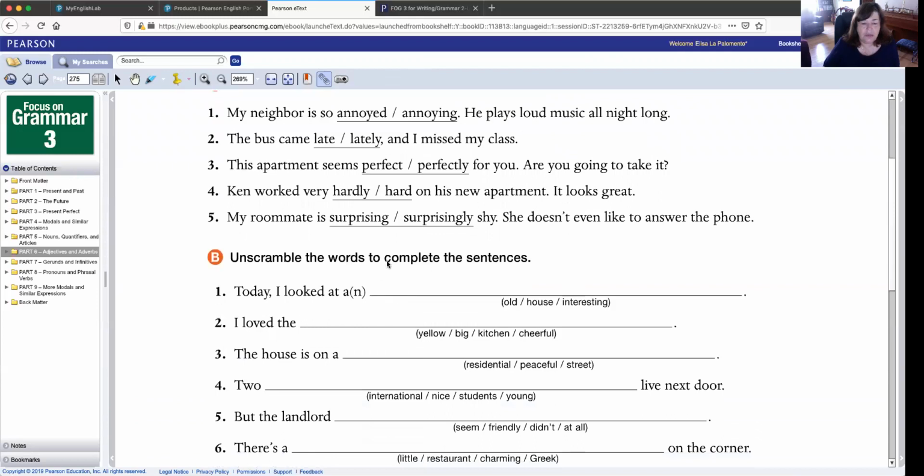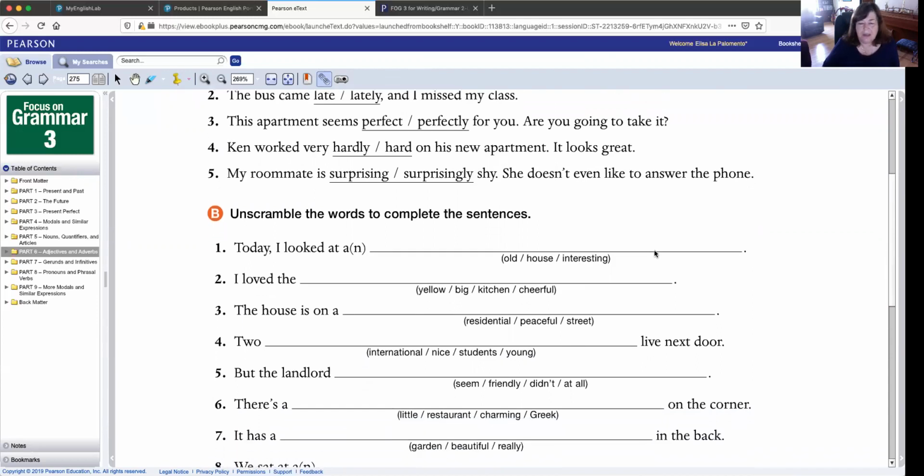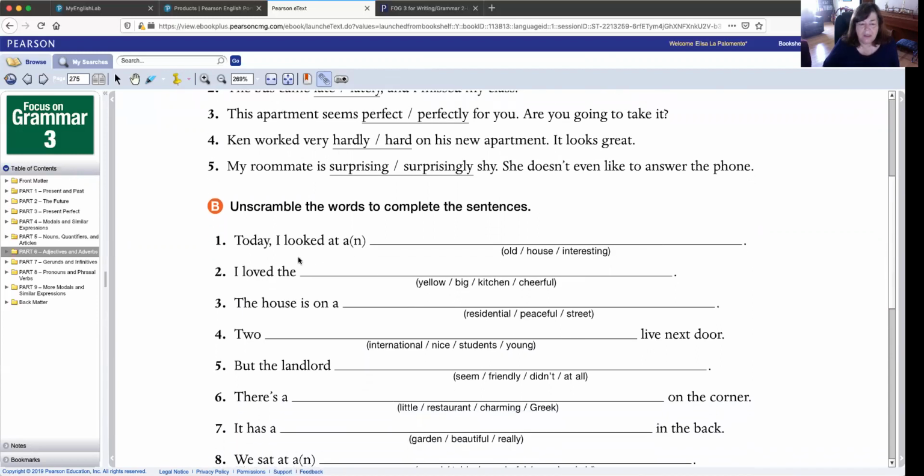Here it says unscramble the words to complete the sentences. They give you the words here. Okay. Today I looked at, there's a noun here, so that's going to go last. Now you have to look at these two words. This is opinion, this is age. Opinion goes first.